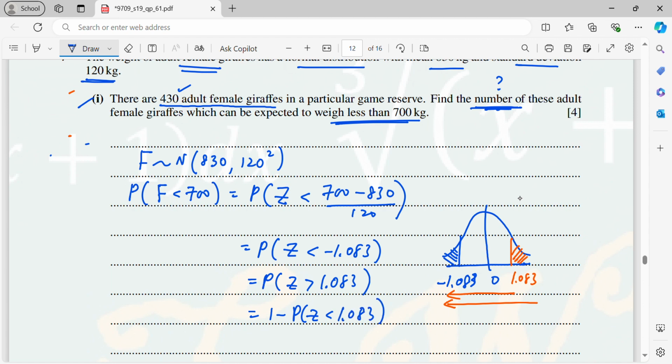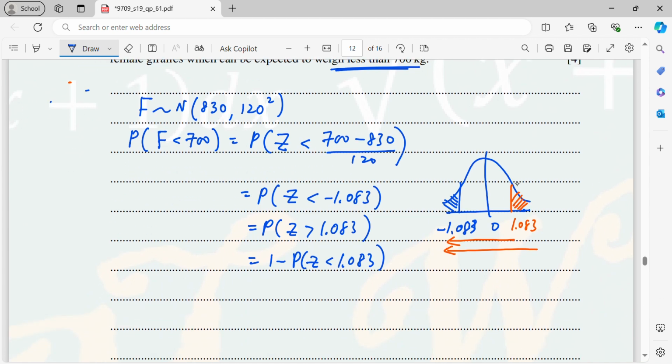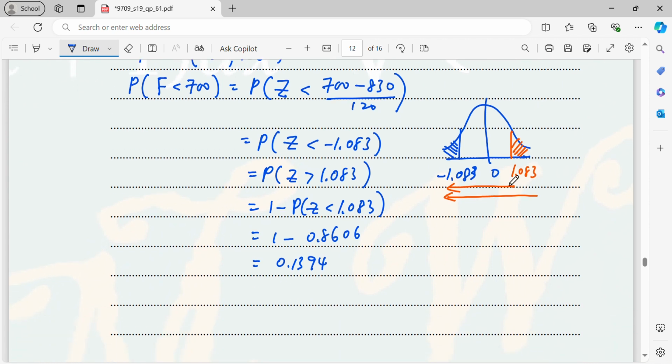And now the probability can be found from the normal table. Then you will be getting 0.8606, and now you minus it from 1. That is going to be 0.1394. Okay. Then now, the question is asking for the number of female giraffes, and it's not the probability.